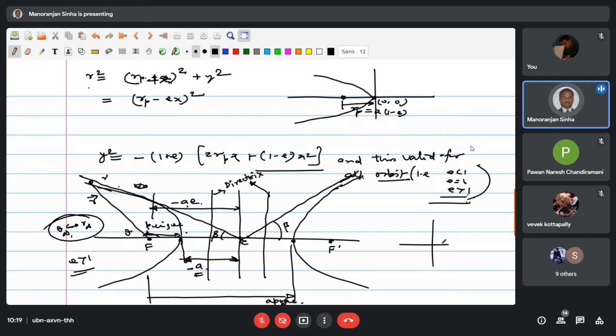In the case of parabola, this distance is L by 2, this is the focus here. And this distance is also L by 2. This is by definition, because this distance divided by this distance we have defined as e. So e equal to 1, so this distance and this distance become equal.